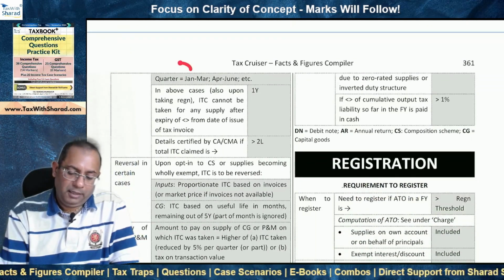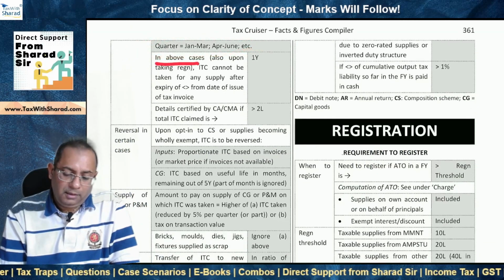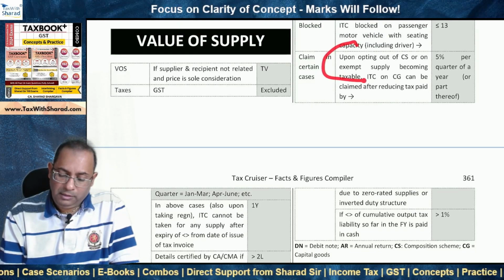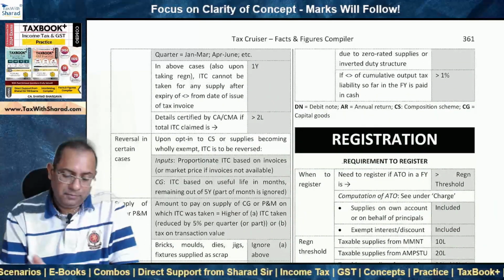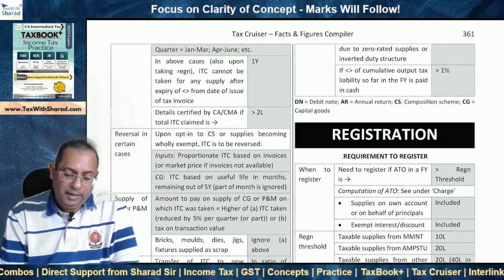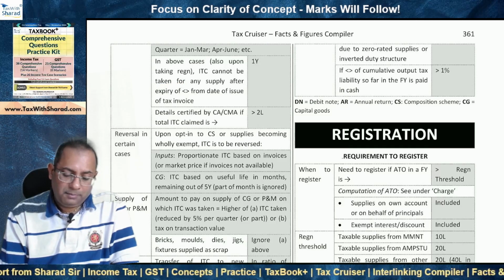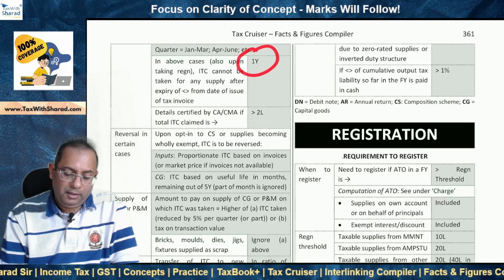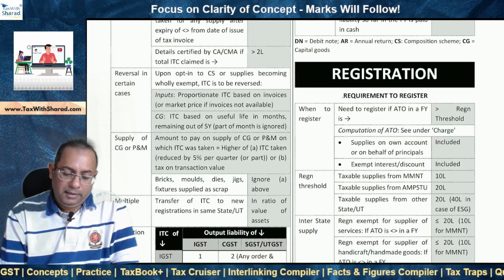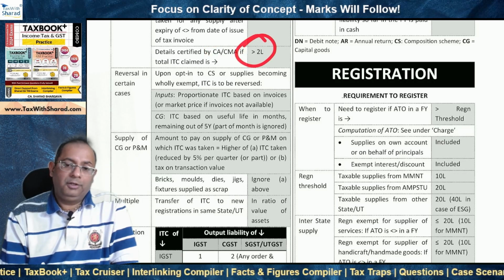Here quarter means January to March, April to June, etc. In the above cases, that means opting out of the composition scheme or exempt supply becoming taxable, and also upon taking registration, ITC cannot be taken after a limitation: ITC cannot be taken for any supply after expiry of 1 year from the date of issue of tax invoice. And details need to be certified by a CA or CMA if the total ITC claimed is more than 2 lakh.